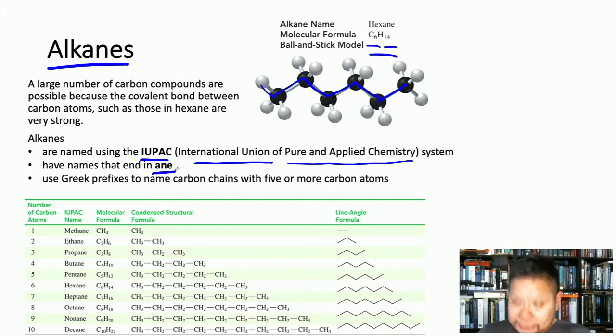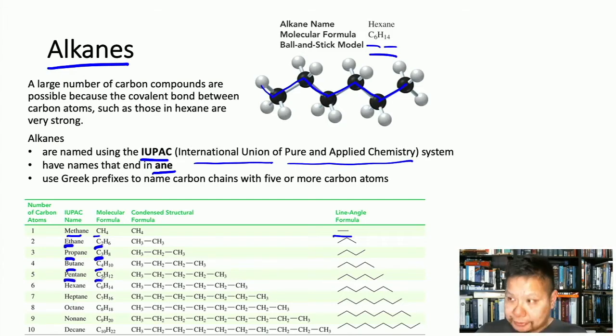And so as we look at this chart, methane is 1 carbon, right, and 4 hydrogens. Only single bonds, right? Ethane is 2 carbons. Propane is 3 carbons. Butane is 4 carbons. Again, they're all single bonds and only hydrogens, right? Pentane is 5 carbons.